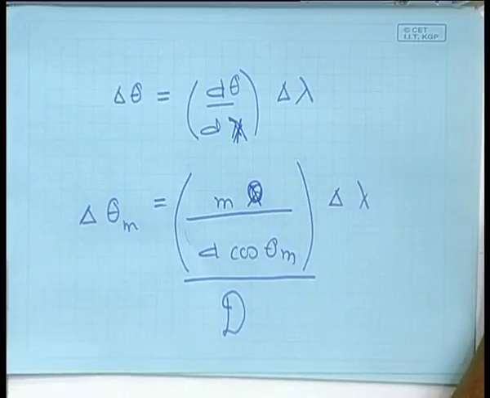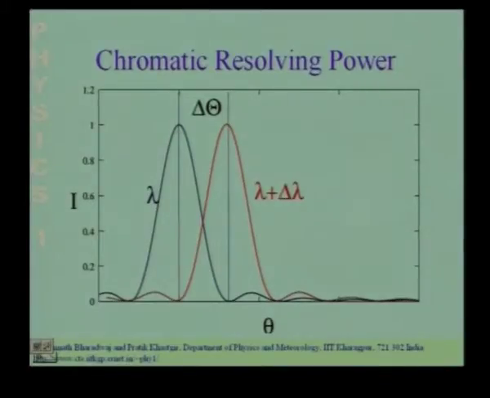So, for the wavelength lambda plus delta lambda, the maxima is going to be shifted by this amount. Now, the question is, under what condition can we say that there are two different wavelengths and not one?